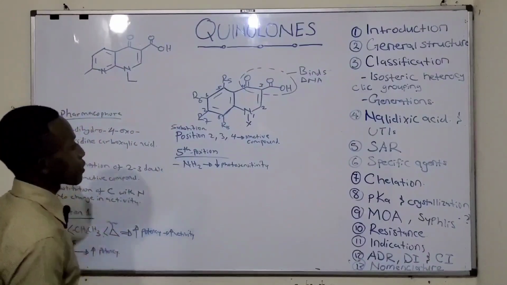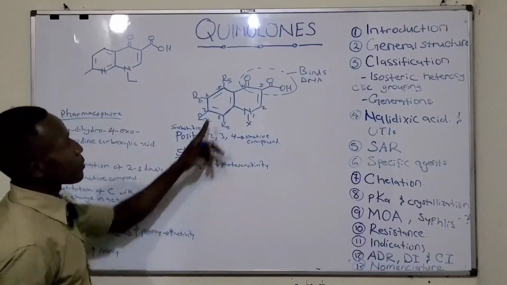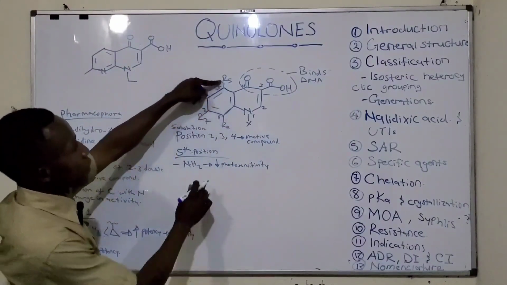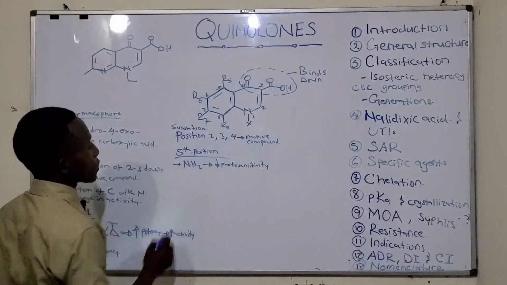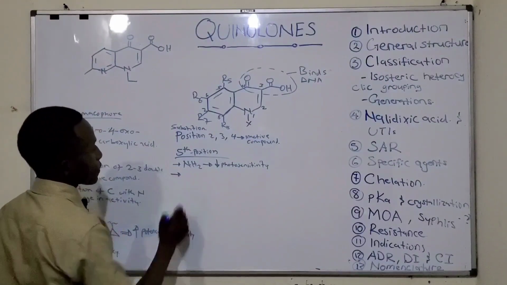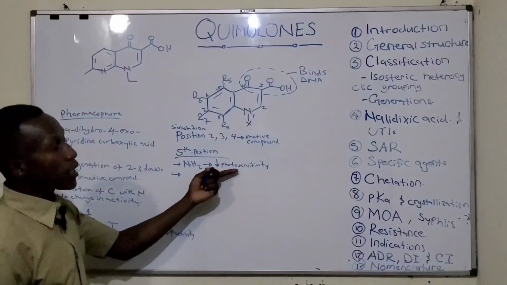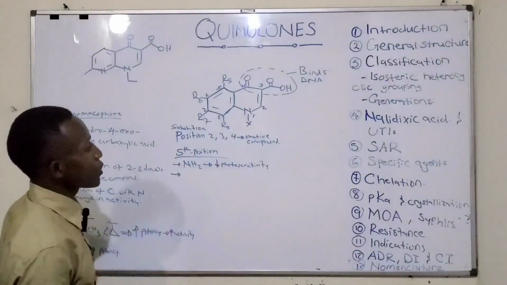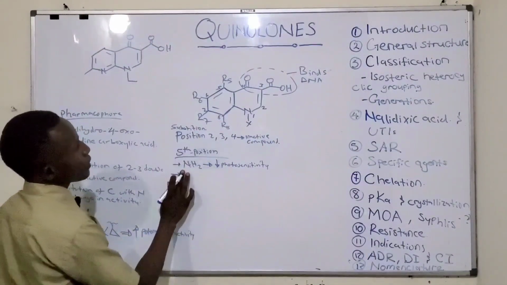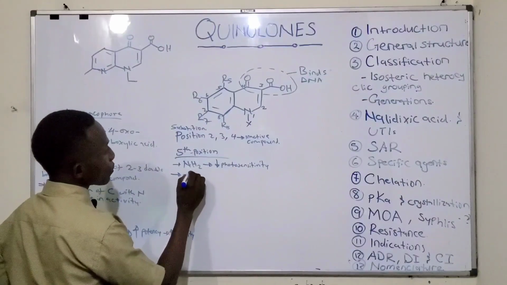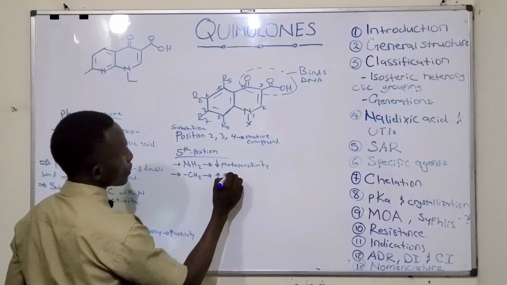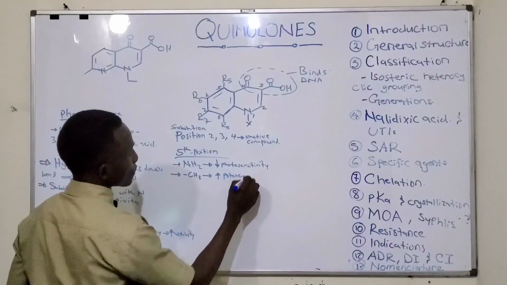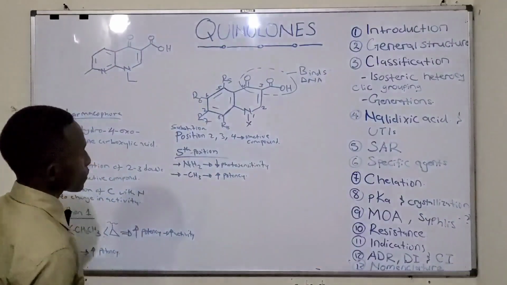So if there is an amino group at this position, that fluoroquinolone has low photosensitivity. For example, sparfloxacin, we shall see them. Then addition of a methyl group improves the potency at that position.